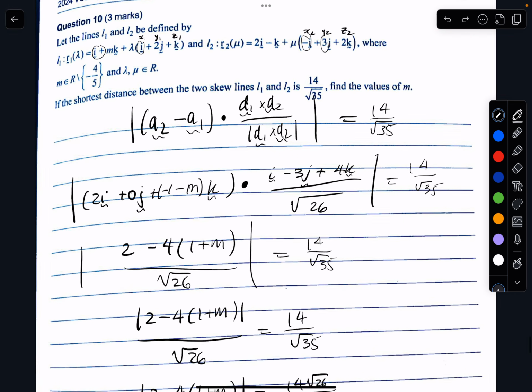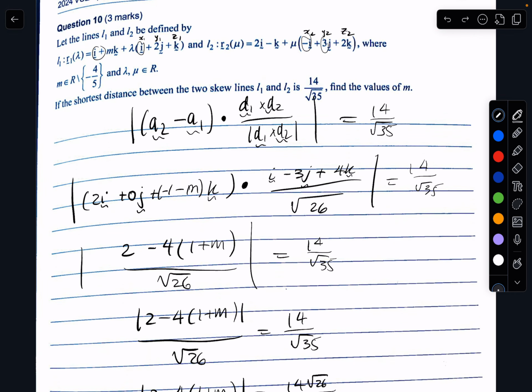Okay, let me just double check. So y1, z2, 2 and 2 is 4, minus y2, z1, 3 times 1. So that's 1, so that's definitely i. And then plus x2, -1, minus x2, z1, -1, minus x1, z2, 1 times 2. So that's -3. And then for the last one, it's x1, y2.